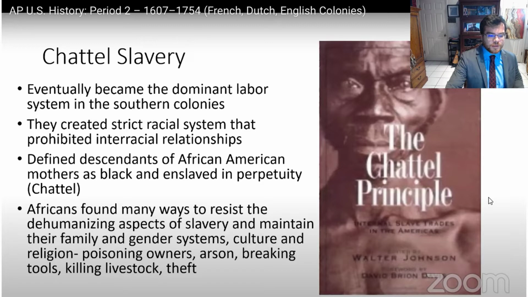That's another way. They maintained their culture, right? They sang their African lineage songs that they remembered from their homelands. So by preserving their culture, they resisted the dehumanizing aspects of slavery.